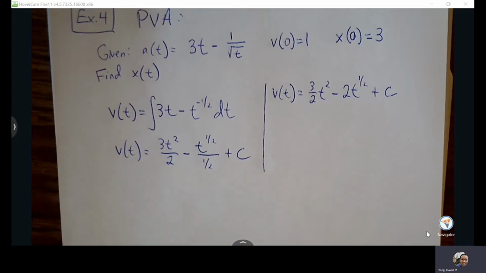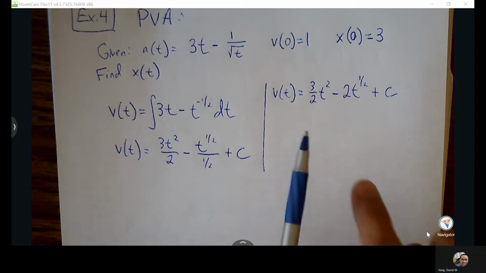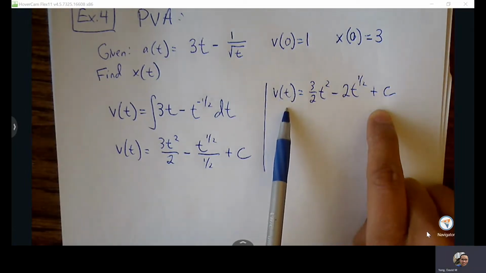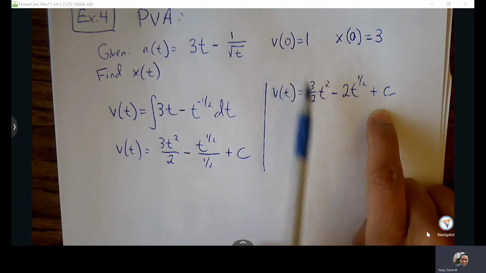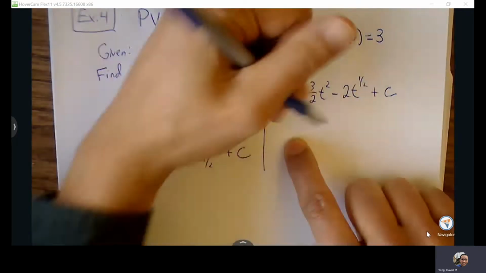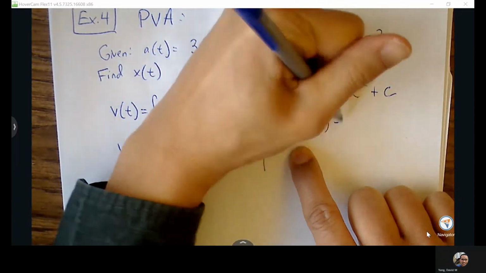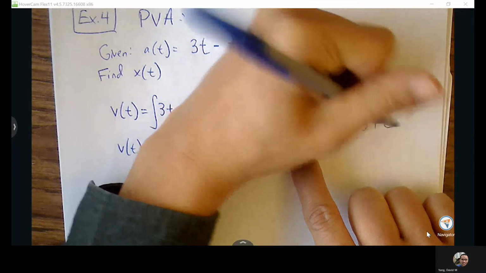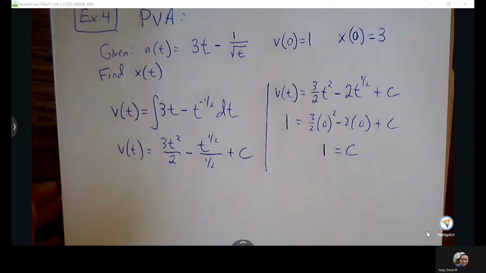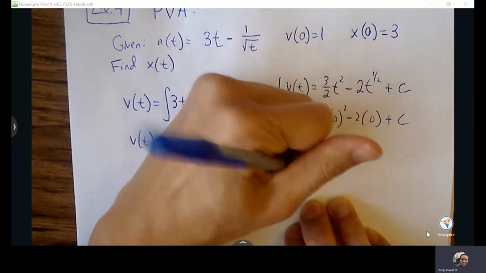All right, what can we do at this level? Yeah, 0 goes in for all the t's. 1, it gets entered in for the velocity. So I have my updated velocity function.